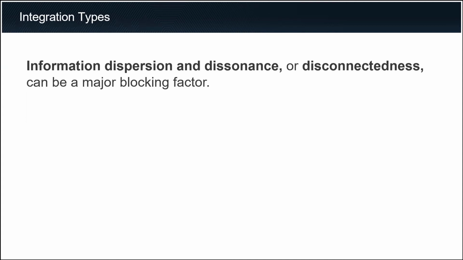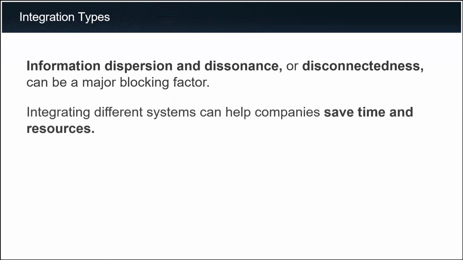So the ability to integrate different systems can help a company to drastically reduce time and resources. This helps improve efficiency and profitability, and plays a big role in boosting digital transformation.